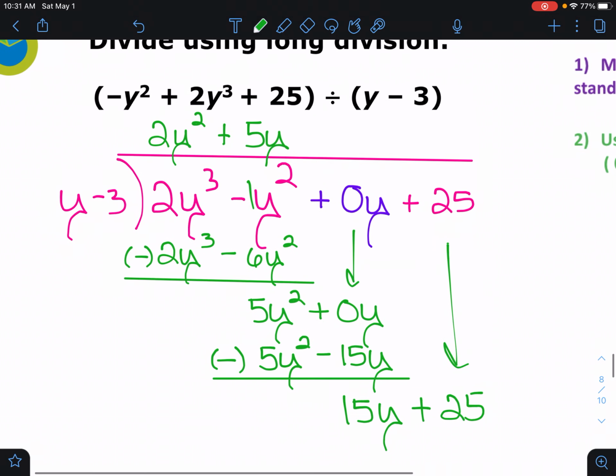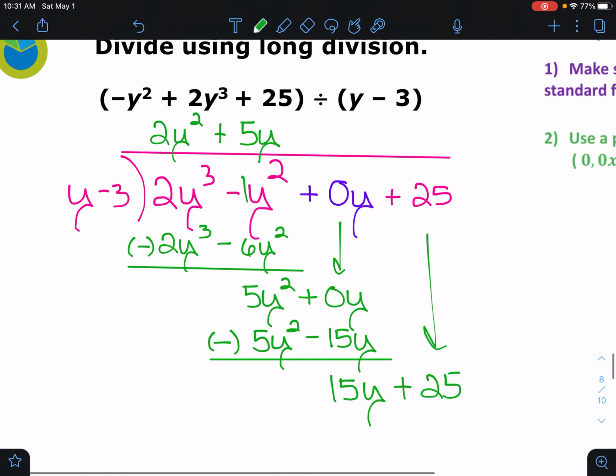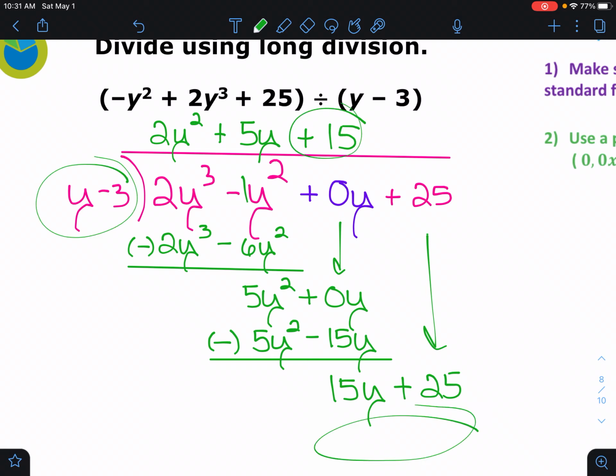Okay, and now I'm going to go back. So now that I've brought that down, how many times does y go into 15y? Well, that would be 15 times, right? It'd be positive, so it'd be plus 15 up here. And once I put something up top, I'm now going to take this times this and write it down here. Always that process. So 15 times y is 15y.